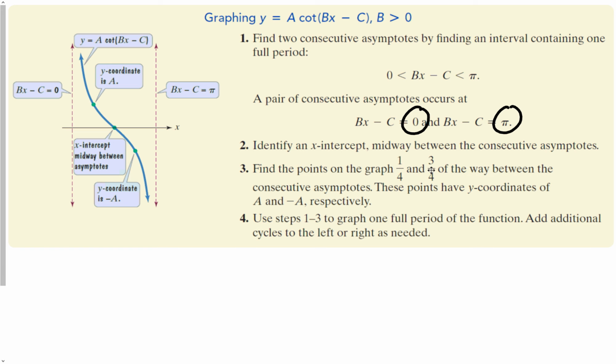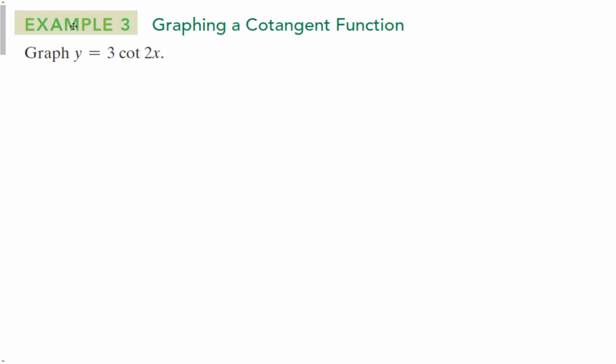Intercept is halfway, and we'll use the quarter periods to get there. Positive a first, negative a second, so this function goes down. So positive a, midpoint, negative a. How are we going to do this? We'll simply go a is 3, b is 2, c is 0, d is 0.